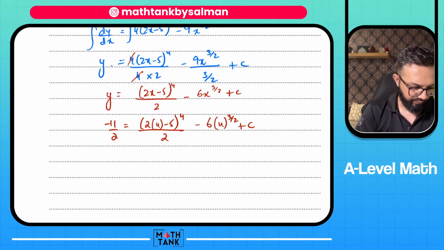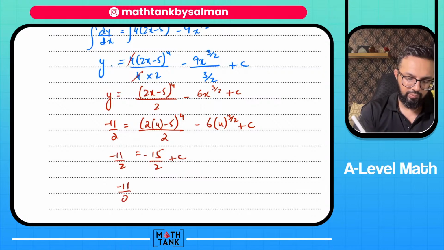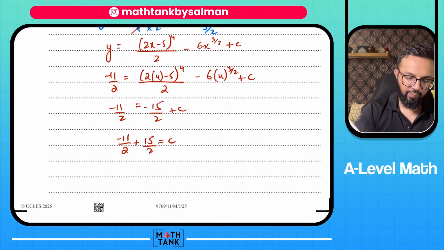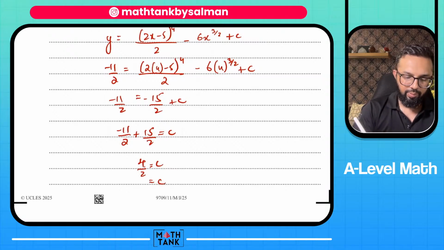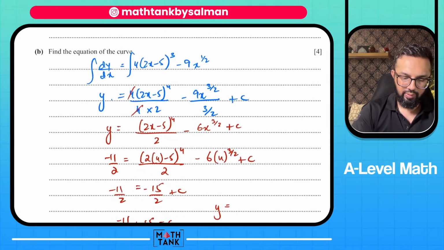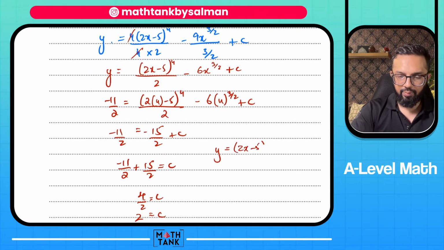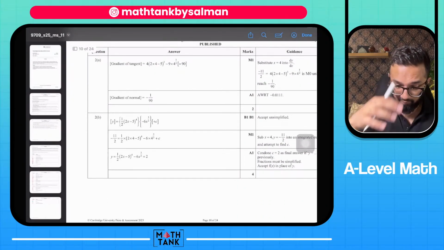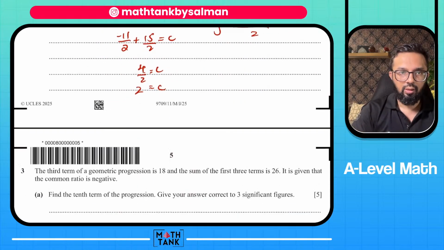So 8 minus 5 power 4 divided by 2 minus 6 into 4 power 1.5 minus 11/2. Oh, that's 4/2. C is 2. So what is the equation of the curve? It is (2x minus 5) power 4 over 2 minus 6x power 3/2 plus 2. Yep, that sounds right. Let's move on to the next question.